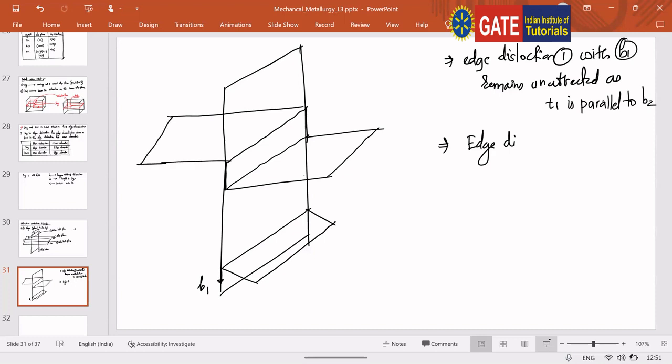So basically this will change the slip plane from 1 to 2 here, or the parallel slip plane as shown here. This is another slip plane, and this is where the jog is. And this is your extra half plane.